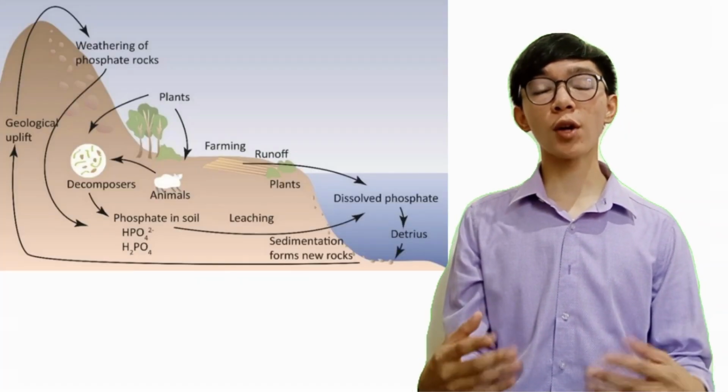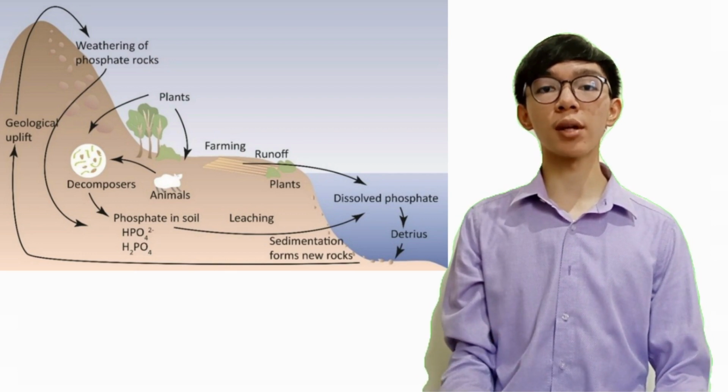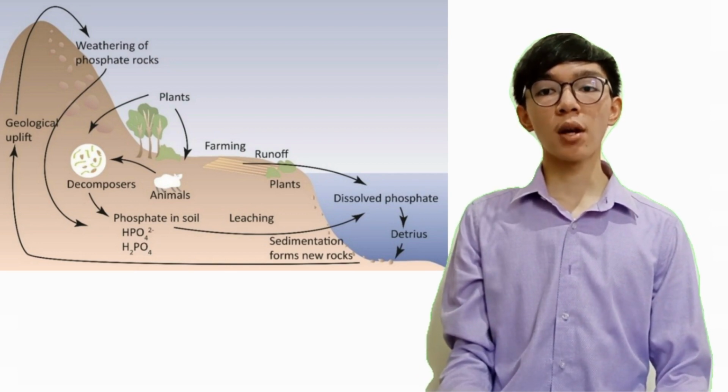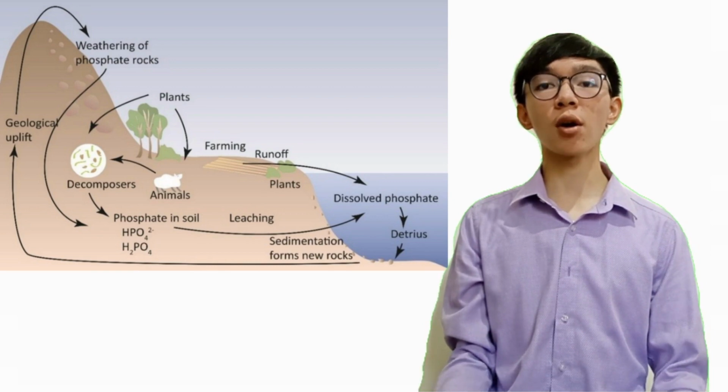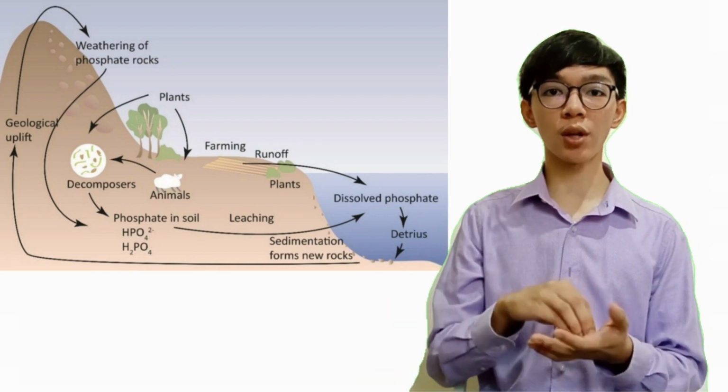And with that, the phosphorus cycle originates from weathering, from natural deposits, where weathering causes the release of phosphorus into the soil.